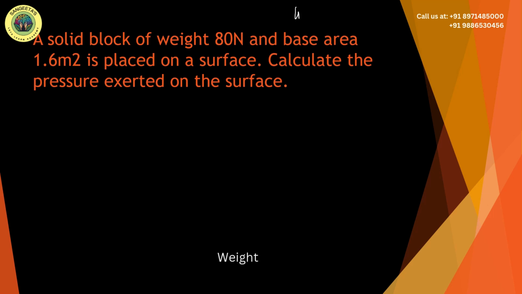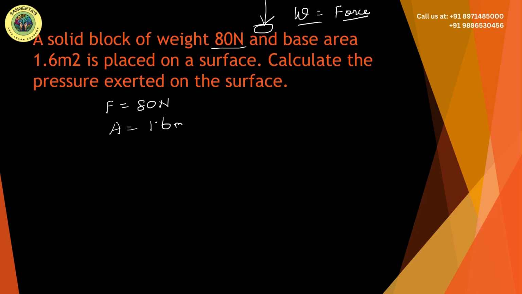You should know that weight is equal to the force of Earth's gravity. So weight means force, okay? And so this is a force. A solid block of weight 80 Newton and a base area. So here we are talking of a force which is 80 Newton acting on a base area. That means this area is 1.6 meter square.